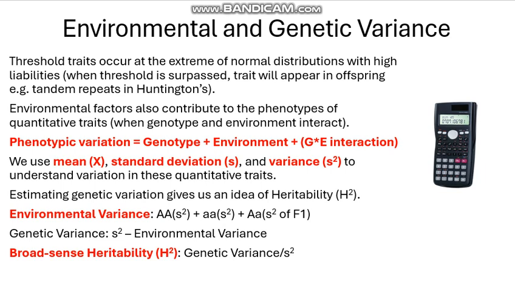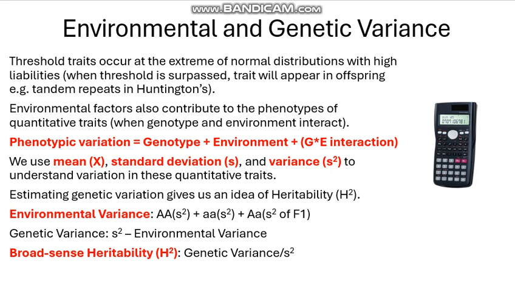We use mean, standard deviation, and variance to understand variation in these quantitative traits. Estimating genetic variation gives us an idea of heritability, which we measure as capital H squared.